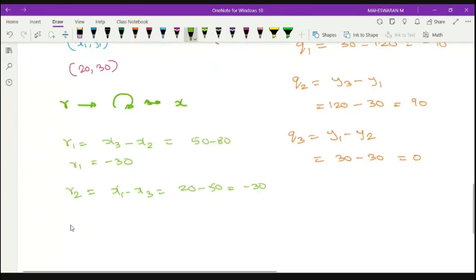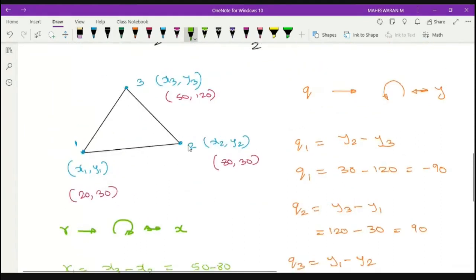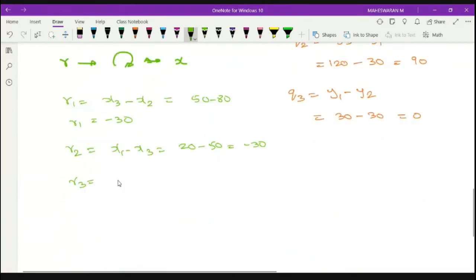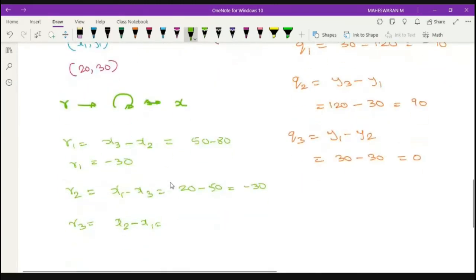Next, R3, again in clockwise: X2 minus X1. X2 is 80 minus 20, so 80 minus 20, which is equal to 60.